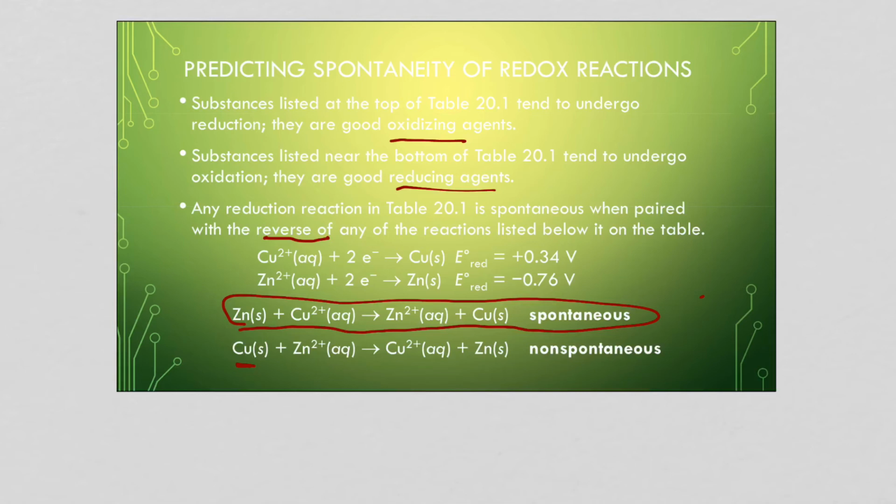If we calculated the E cell of this, in this case your zinc is your cathode. So minus 0.76 volts minus 0.34 volts.